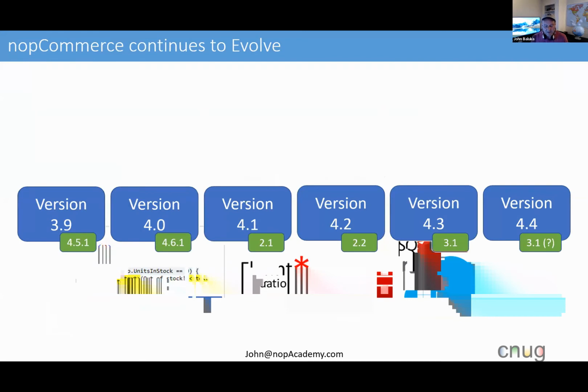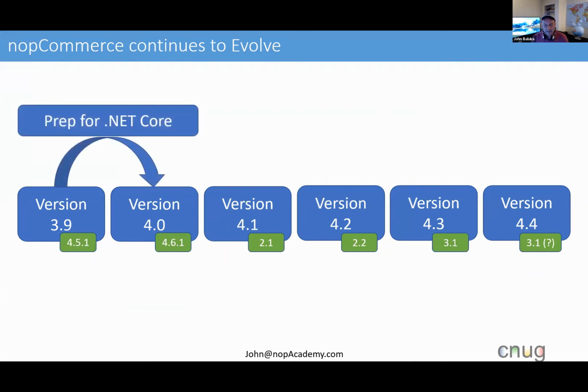The one thing I like about nopCommerce the most is that it simply continues to evolve. If we go back as far as version 3.9, and I started getting involved with nopCommerce around version 3.5, 3.6, when they moved from 3.9 to 4.0 they were still compiling to the .NET Framework. 4.5.1 was the framework for 3.9, and 4.6.1 was the framework for 4.0, and they prepared themselves for Core when they moved to that version.